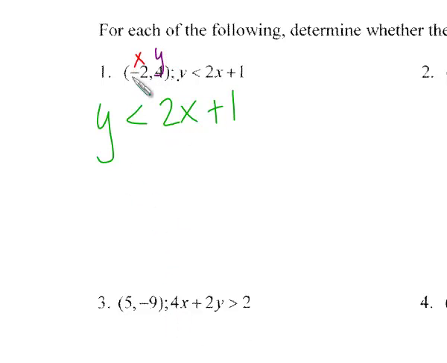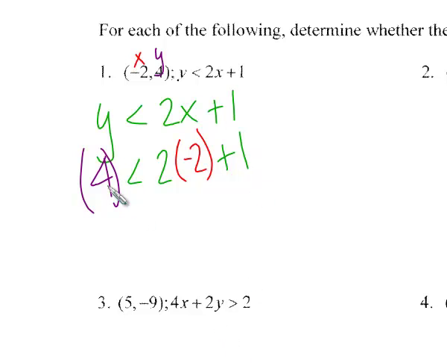We have negative 2 as our x, so I'm going to plug in negative 2 where I have an x. Wherever I have a y, I'm going to plug in my y value, which is 4. Then I'm just going to bring down the rest of my inequality.